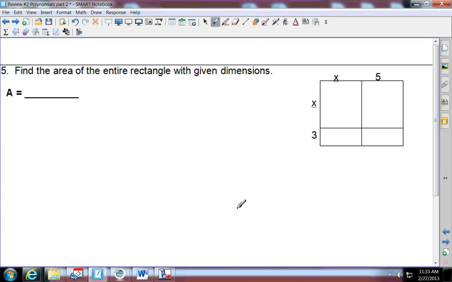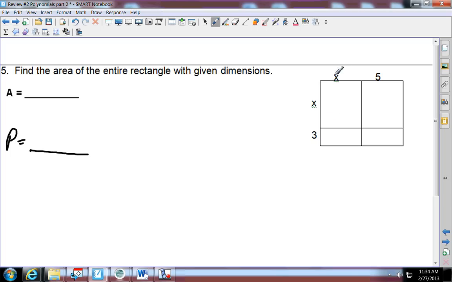Here's your next one. It says find the area of the entire rectangle. I'm going to add in there, I want you to also find the perimeter. Well, first off, to find the area, you need to multiply.